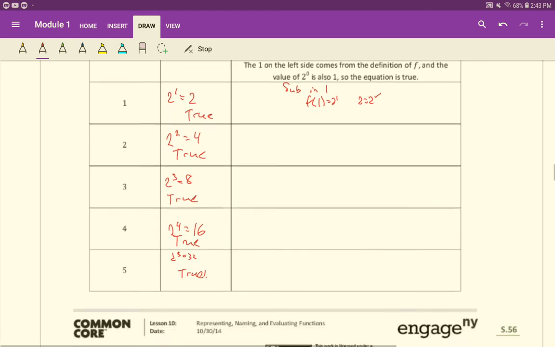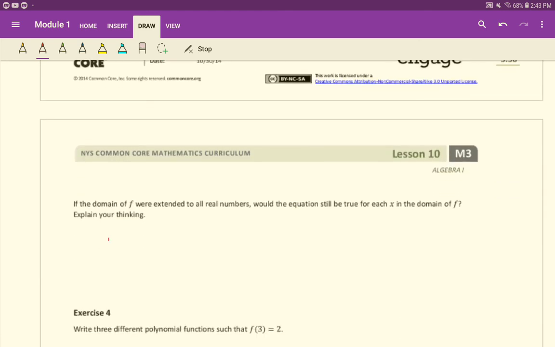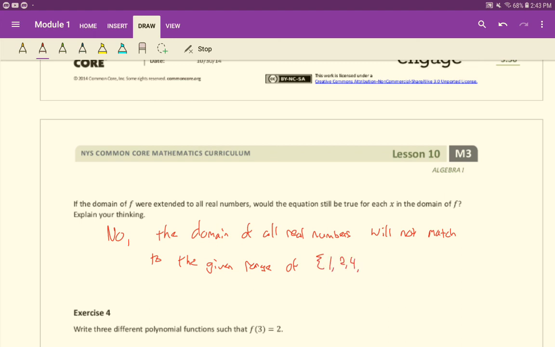And so the answer is going to be no. The domain of all real numbers will not match the given range of 1, 2, 4, 8, 16, 32, and 64.